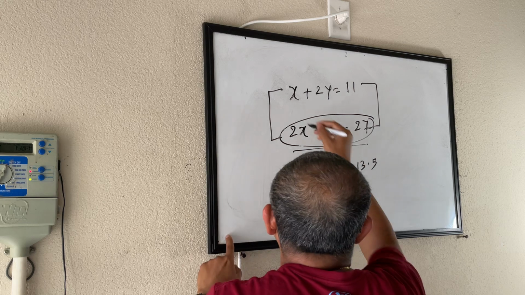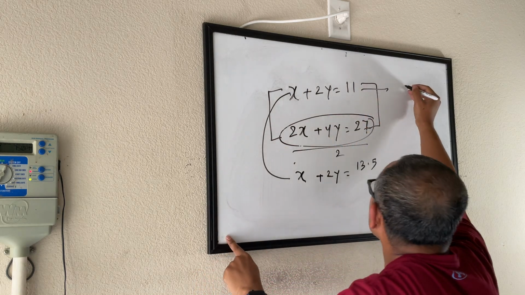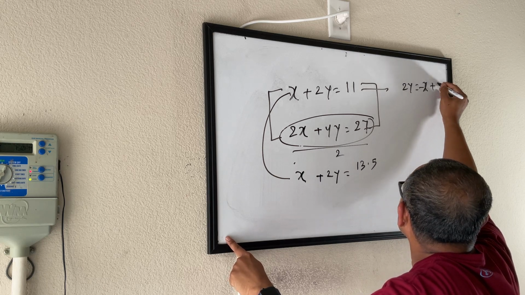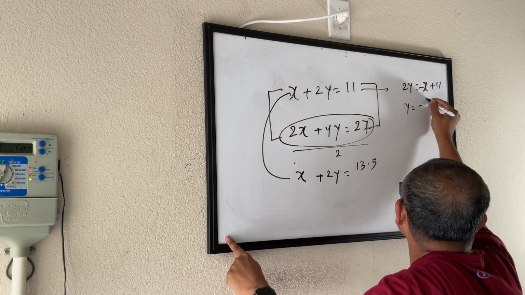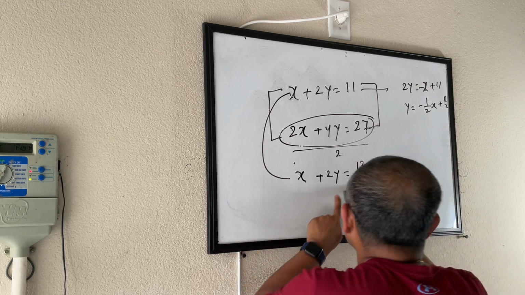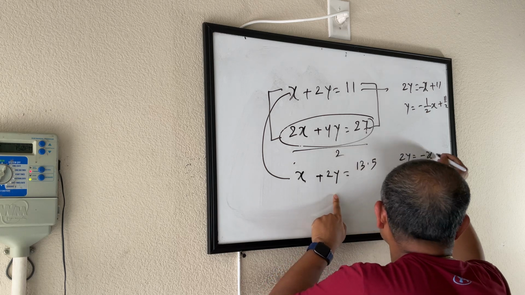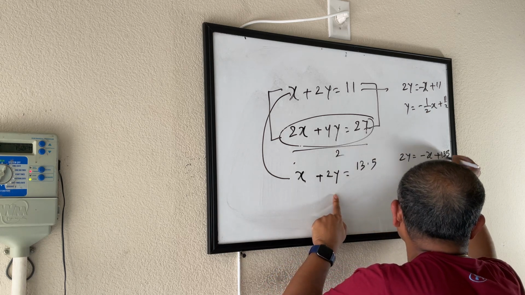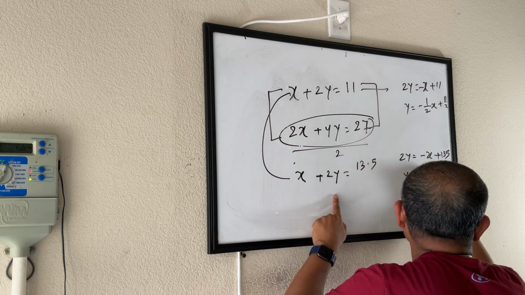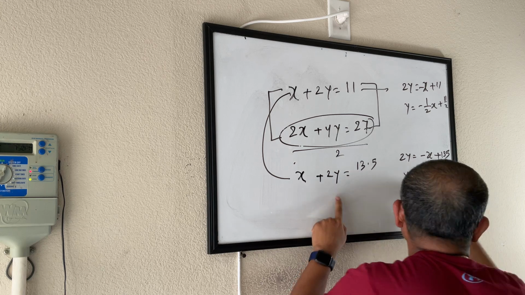So what you are seeing is, here, 2y equal to minus x plus 11, so y equals minus 1 by 2x plus 11 by 2. Here in this case, your 2y equals minus x plus 13.5. That means y equals minus 1 by 2x plus 13.5 by 2.